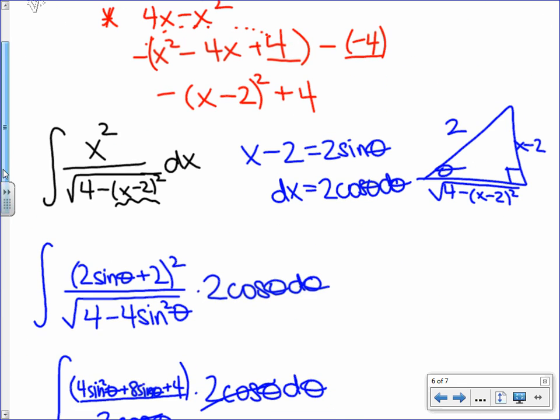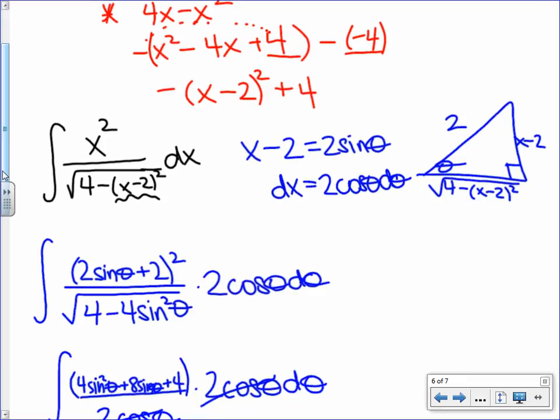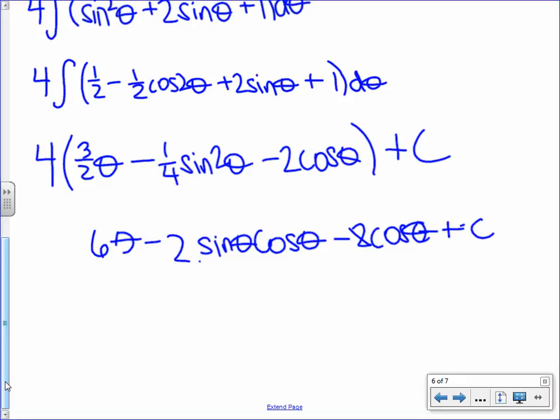Hello, triangle. We missed you. The sine is (x minus 2) over 2. To get theta, we need to divide by 2 and then take the inverse sine. So theta is the inverse sine of (x minus 2) over 2.